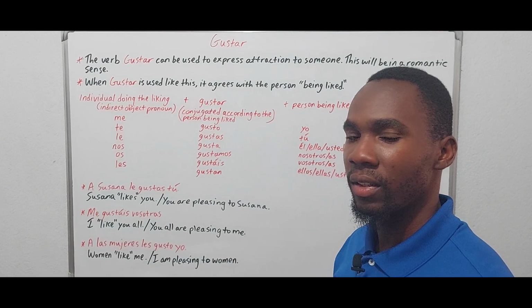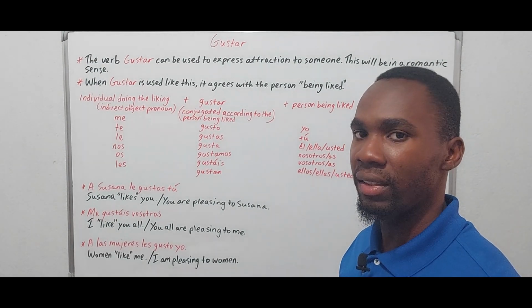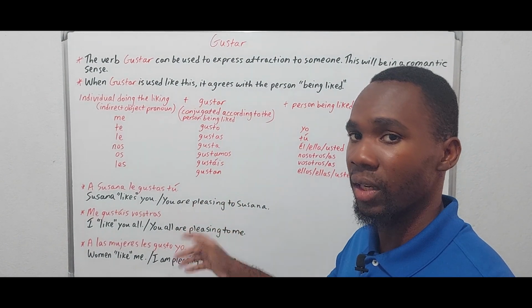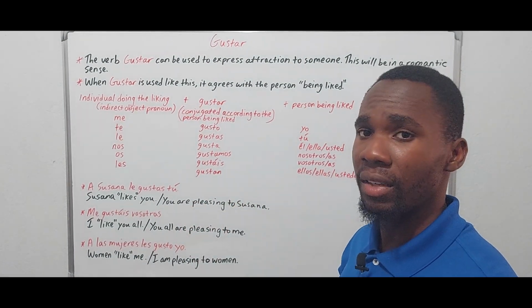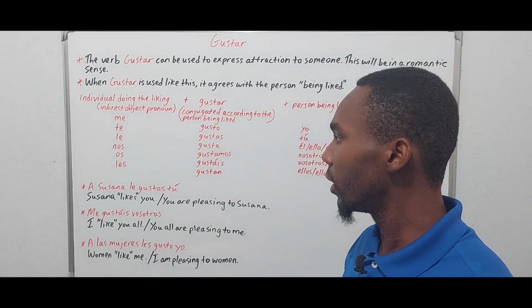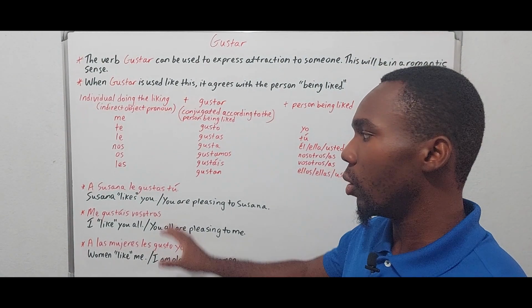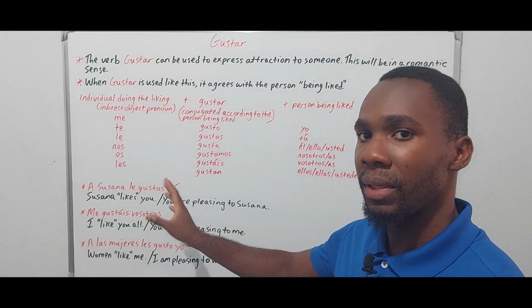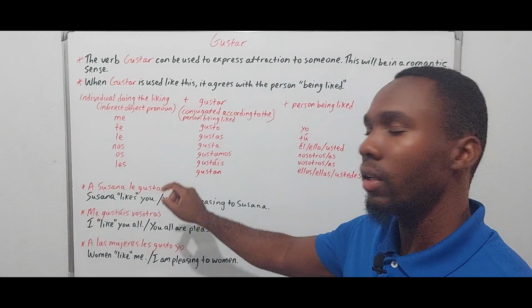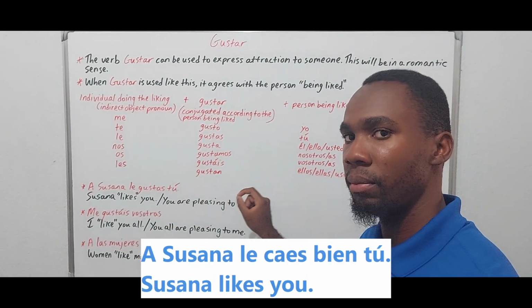You see? So we can use any tense. We don't necessarily have to use the present, but we use the present for simplicity, right? So yes. Now, if I want to use the verb caer bien, it would be the same structure. A Susana le caes bien tú.